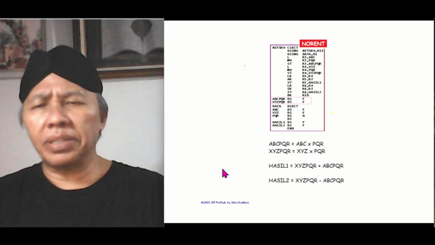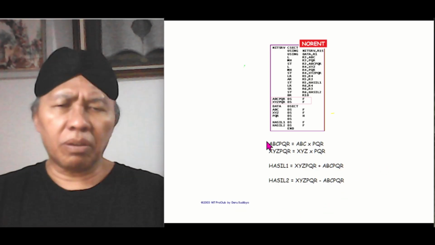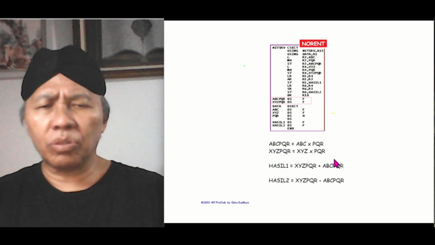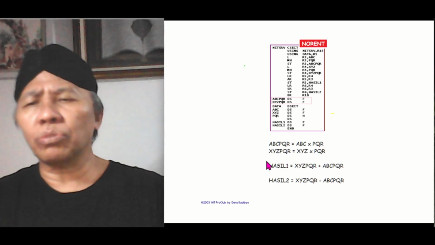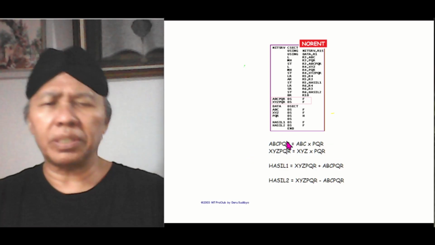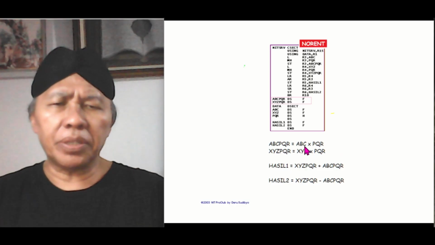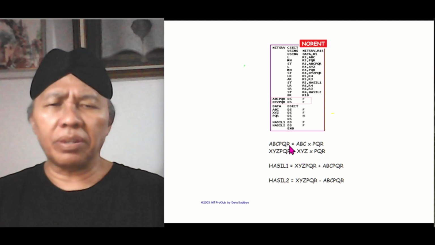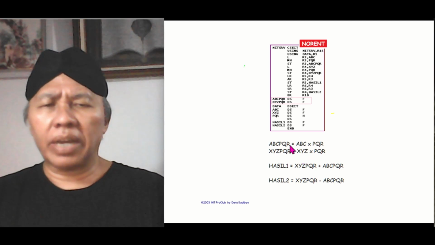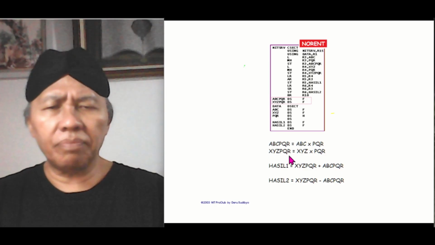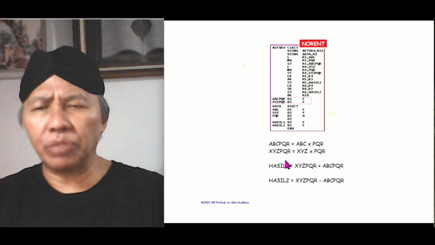To simplify this calculation, the programmer used intermediate variables to make it into two steps of calculation. Step 1, calculate ABC times PQR and XYZ times PQR, and the results are kept in these two variables, ABC PQR and XYZ PQR.